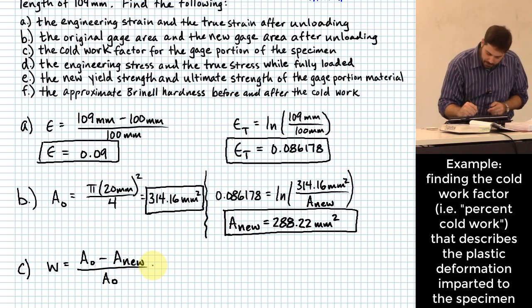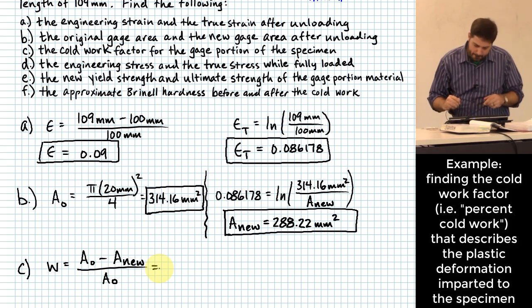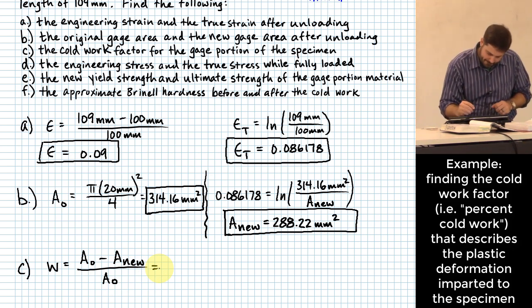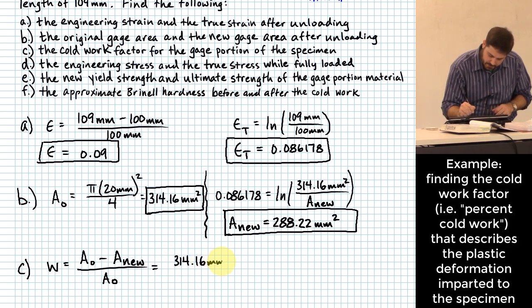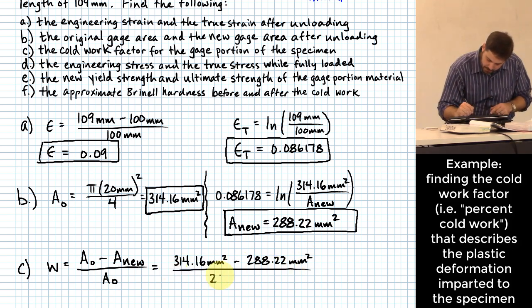All right, so what do we do with this? We're going to plug these values in, right? 314.16 square millimeters minus 288.22 square millimeters, all over 288.22 square millimeters.